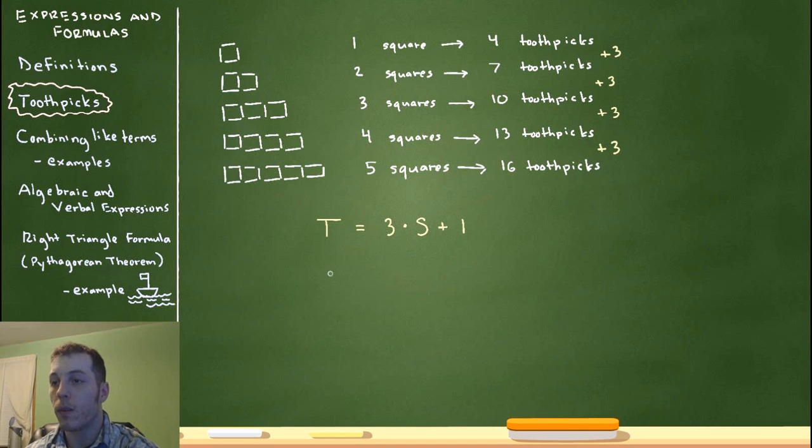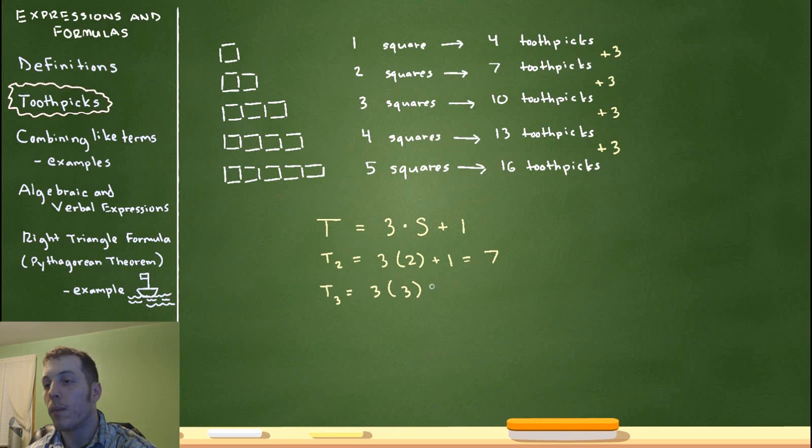If we have 2 squares, so let's see, T2. So if we have 2 squares, this will be 3 times 2 plus 1, which says we need 7 toothpicks. Is that right? Yep, that's right. And for 3 squares, we'd have 3 times 3 plus 1, following that formula.